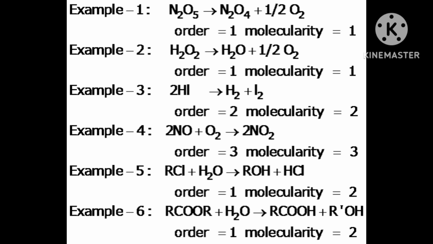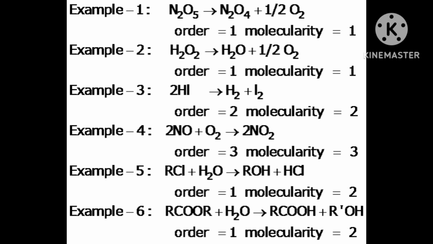Now I will brief about the general reaction and the unit. Okay, how will you write the unit? Because many questions are asked on this. Now again consider the same reaction, aA plus bB giving cC plus dD. Then for this reaction, rate is equal to k, molar concentration of A power x, and molar concentration of B power y.